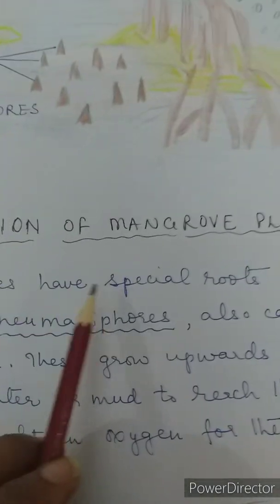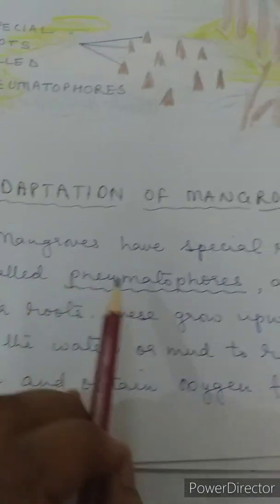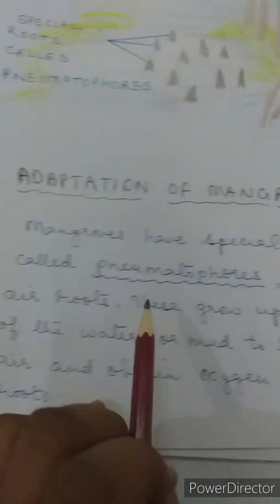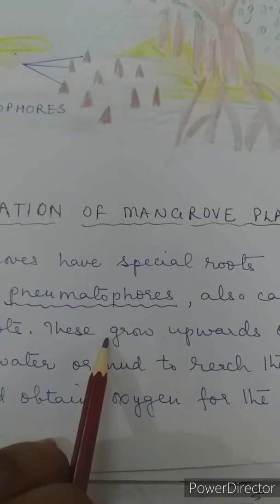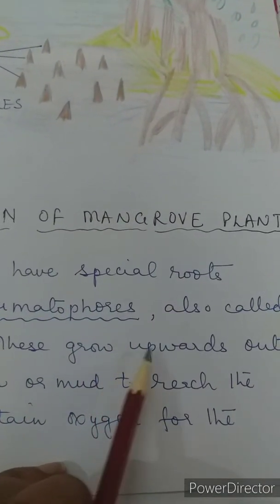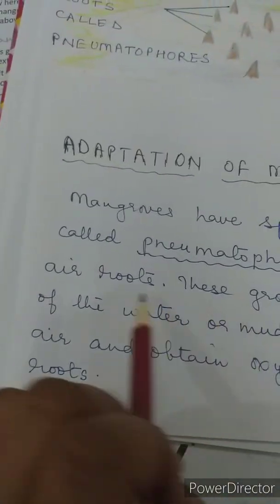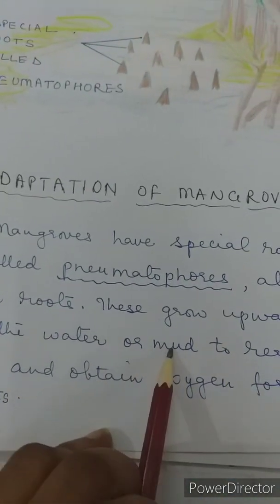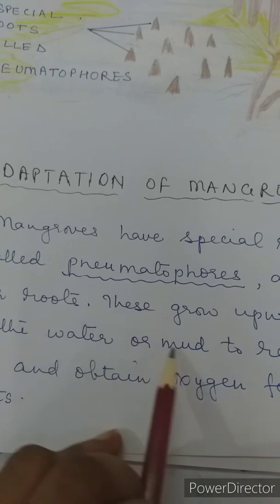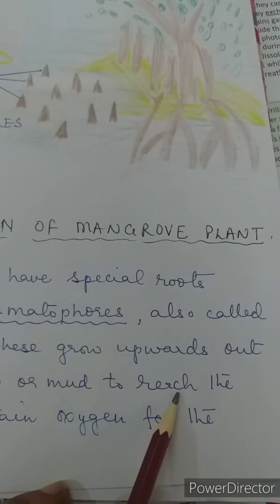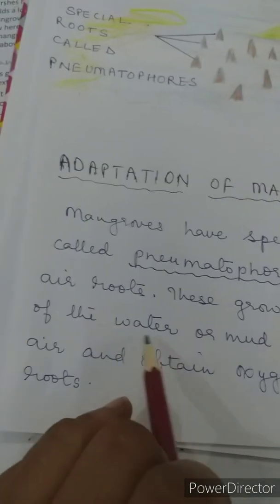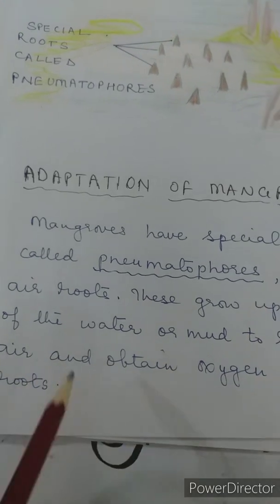What happens? Mangroves have special roots called pneumatophores. These are also called air roots. These roots grow upwards out of the water or mud or out of the clayey soil to reach the air. And why do they reach up?